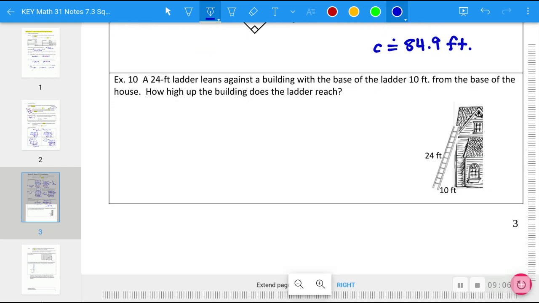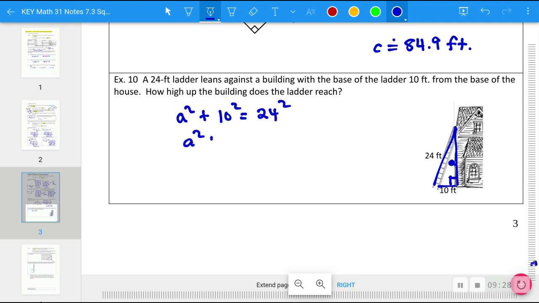Okay, we got a ladder leaning against a house. The ladder is 10 feet away at the bottom and 24 feet long, so how high does it reach? We got our 90-degree corner right there, and the side length A is the one we don't know. So it's going to be A squared plus the B squared equals the C squared.